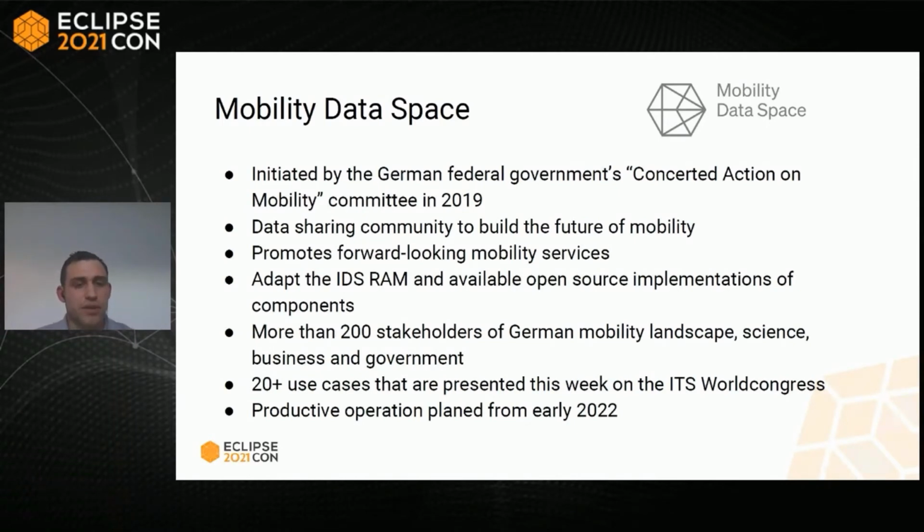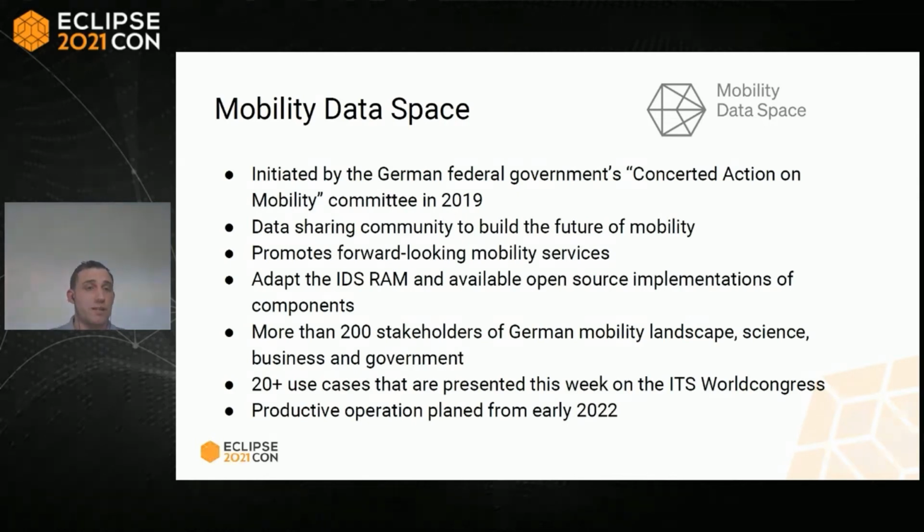Just as an example, there are more than 20, and the interesting point here is that they were presented last week on the ITS World Congress. So basically, this is a big congress in Hamburg, which is going on, and there this mobility data space is presented, and all the use cases there as well.